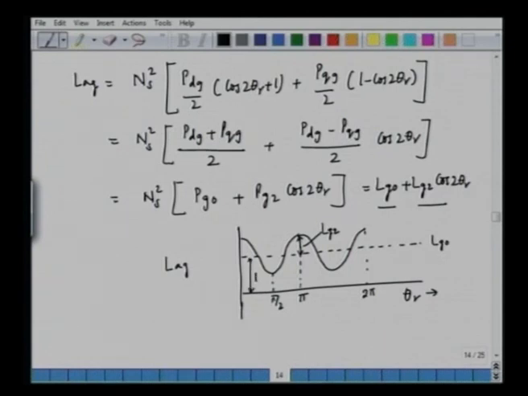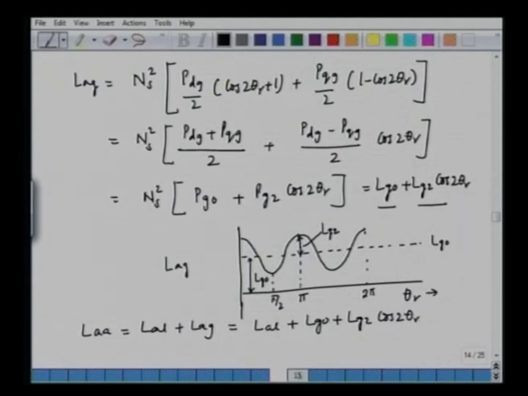This is the average value, that is Lg naught. And if we find out what is LAA, LAA is LAL plus Lg. LAL is a leakage inductance, so we can say here LAL plus Lg naught plus Lg2 into cos of 2 theta r. So, this LAA is the self inductance of phase A.